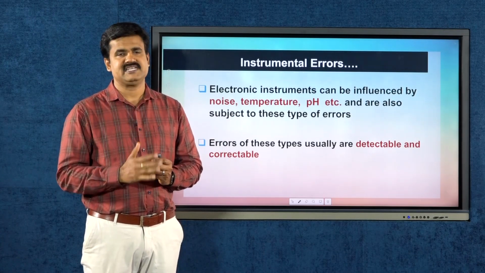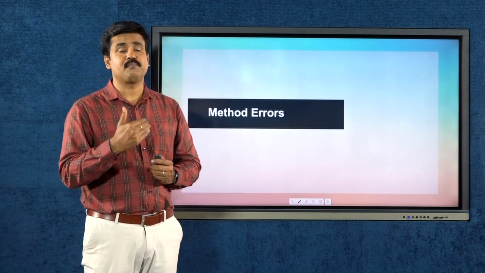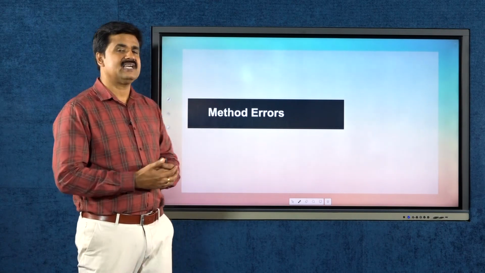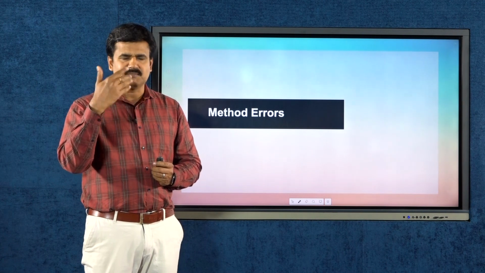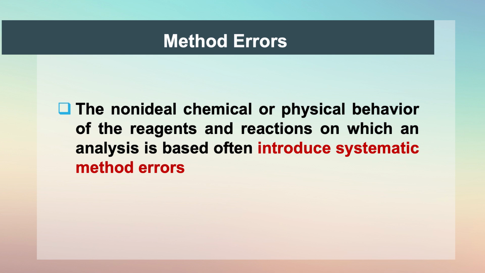That is the advantage. Now, we are discussing the second type of determinate error. The second type of determinate error is nothing but error due to method, or method errors. We can just remember what the reason for the method error is. The non-ideal chemical or physical behavior of the reagents and the reactions on which an analysis is based often introduces systematic method errors.